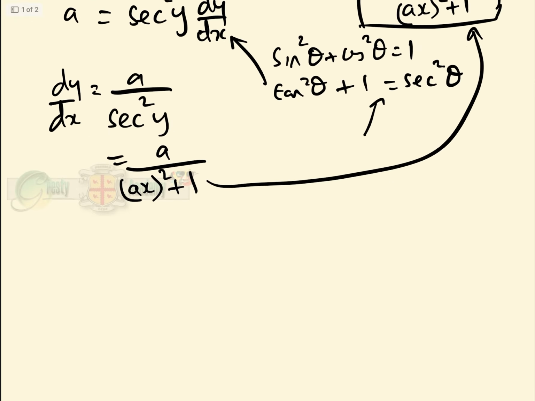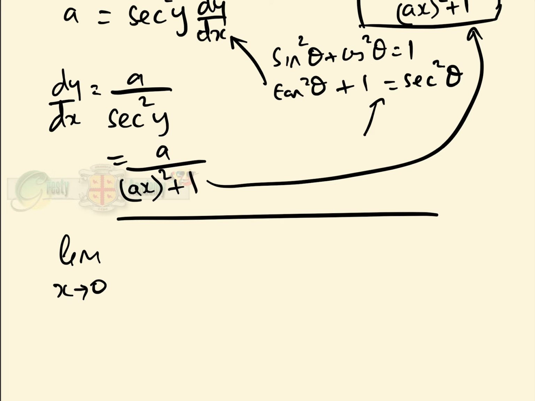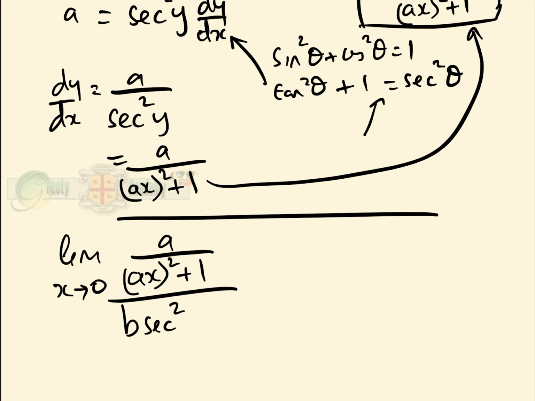So therefore our limit becomes, by L'Hopital, the limit of a over ax squared add 1, which is the differential of arctan ax, over b sec squared bx, which is the differential of tan bx.